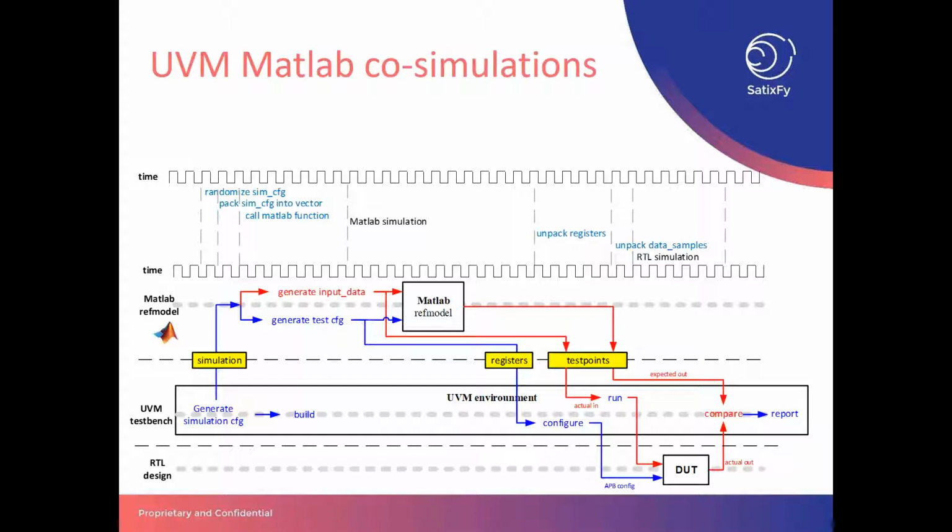In this diagram that I'm sharing, it goes from left to right, and it starts with the UVM environment, which during the build phase or the run phase creates a Matlab call to generate all the test points, input vectors, and the expected results, basically in 0 time. Then when you start the simulation, you start driving the data at the right interfaces in the design, and the test points, again, are monitoring the right buses from the DUT.